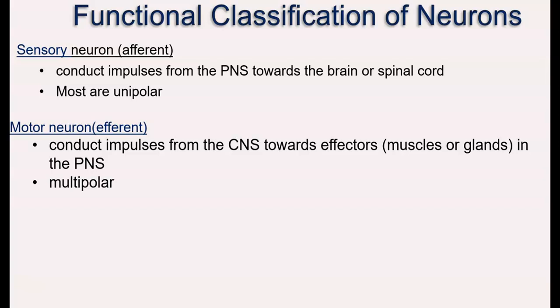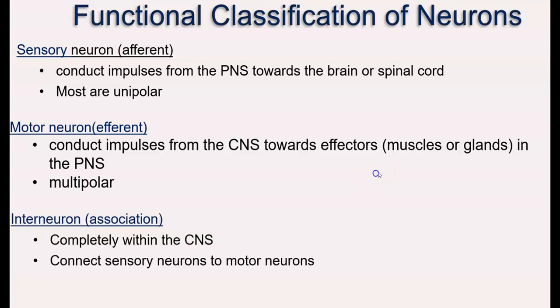All motor neurons are multipolar. And then we had that interneuron, which is basically the relay guy that relays the information from sensory to the motor, and that is completely contained in the central nervous system. Again, that is that little relay interneuron, the one that's in between the other two.